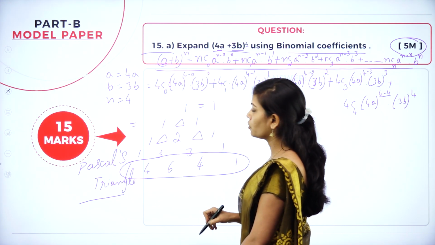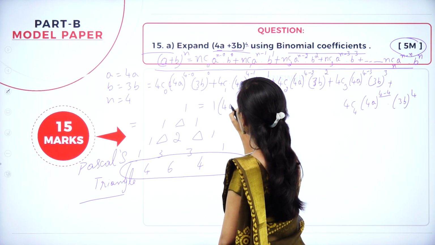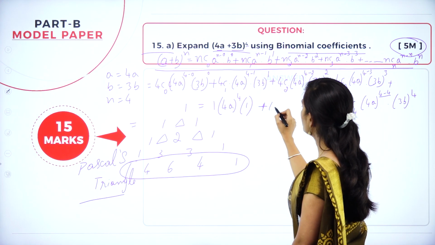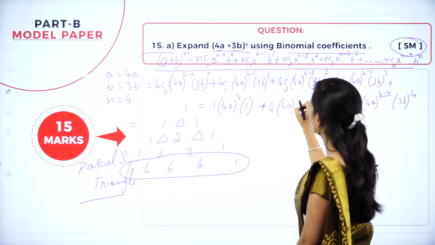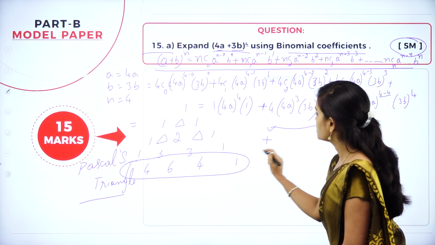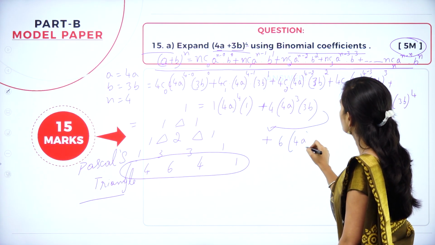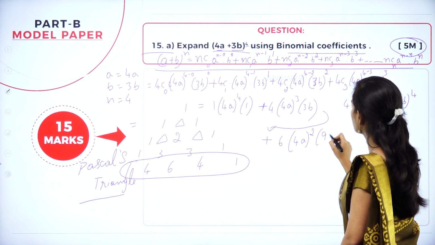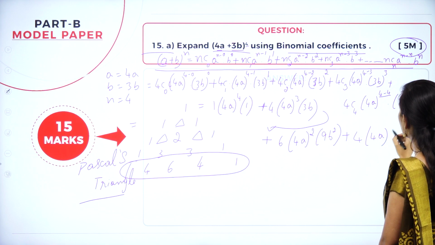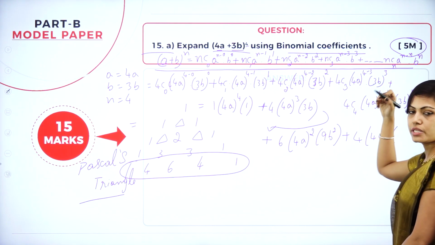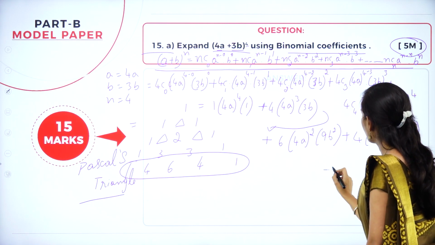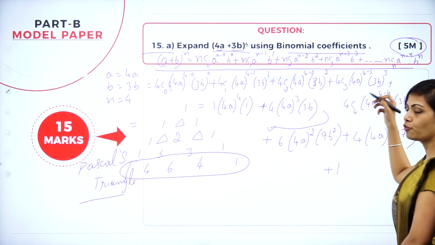In place of 4C0, put 1. And the remaining values are 4A power 4 and 3B power 0, which is 1, plus 4C1 means plus 4, 4A power 3 (4 minus 1 is 3) into 3B, plus 4C2 value is 6, 4A power 2 and 3B square, which is 9B square, plus 4C3 is 4 and 4A power 1 and 3 3s are 9, 9 3s are 27 B cube, plus 4C4 means it is 1 and 4A power 4 minus 4 is 0.